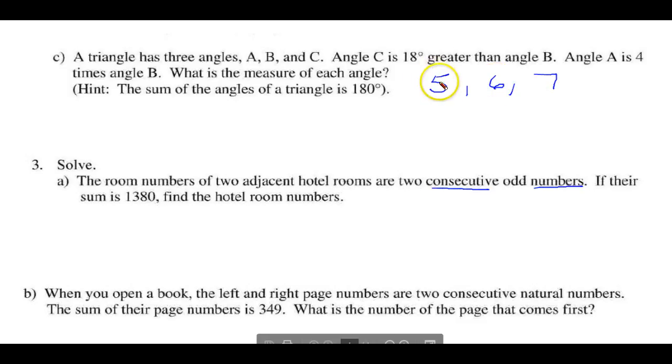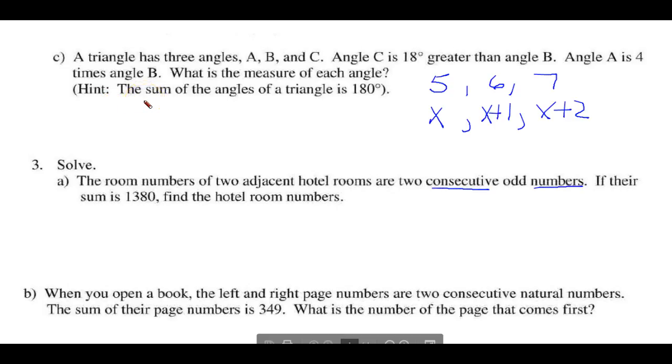Well, we don't know the first integer. That's going to be x. Now, if this x is the first integer, how do I write 6? And the answer is x plus 1. And now 7, x plus 2.